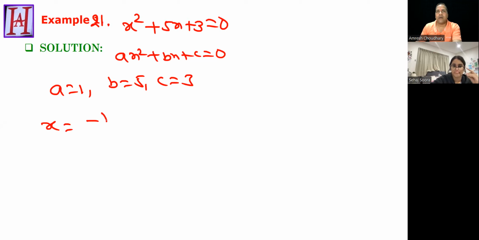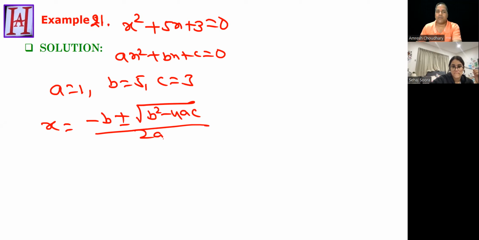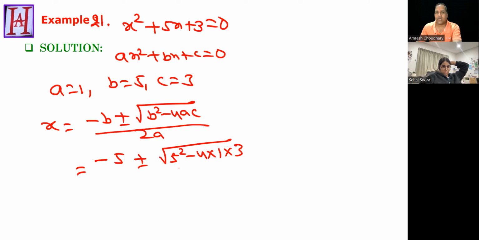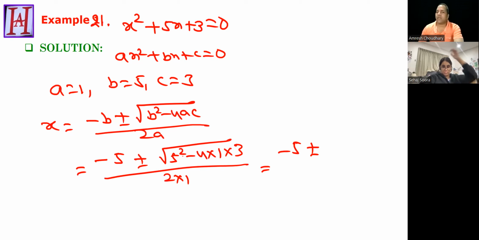Quadratic formula: minus b plus minus under root discriminant, that is b square minus 4ac, upon 2a. Yes or no? So minus 5 plus minus under root 5 square minus 4 into 1 into 3 upon 2 into 1. So minus 5 plus minus under root 25 minus 12, which is 13, upon 2a.